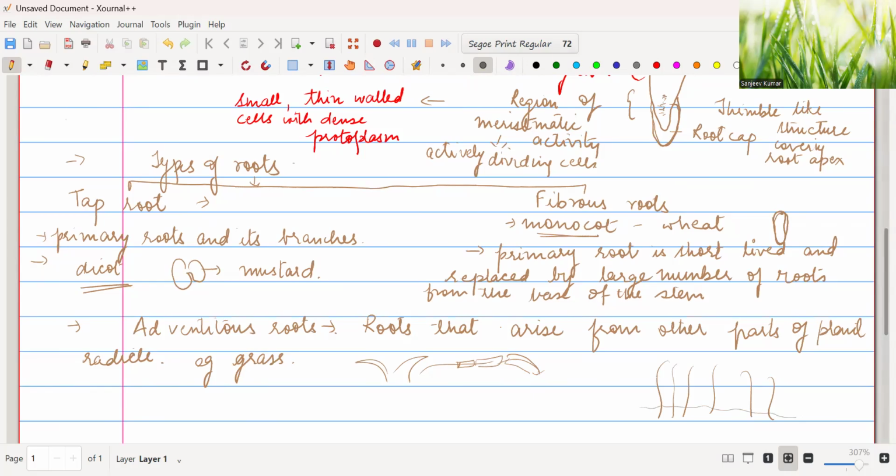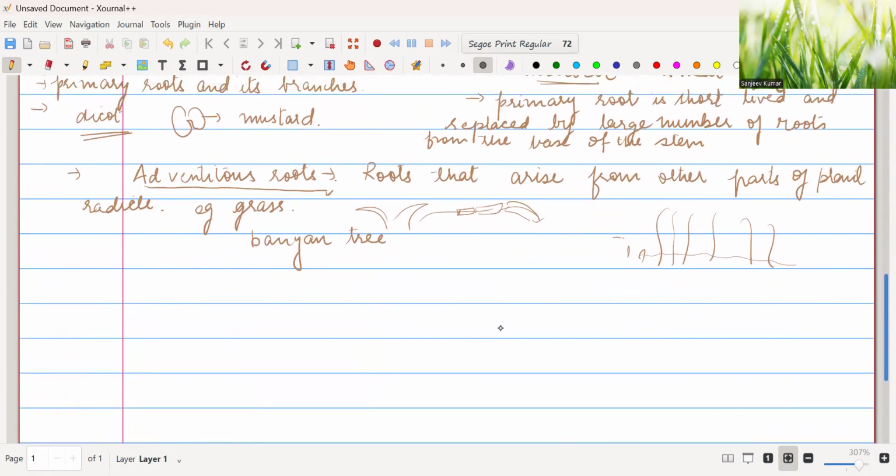So we say that these are different parts of the stem which give rise to different roots. These roots are growing down. Some are prop roots coming out for support. So what is the function of the root here?